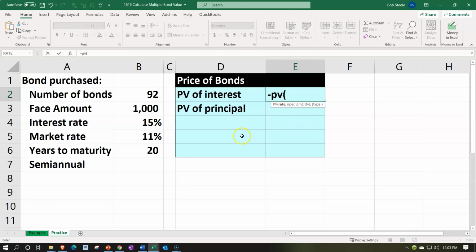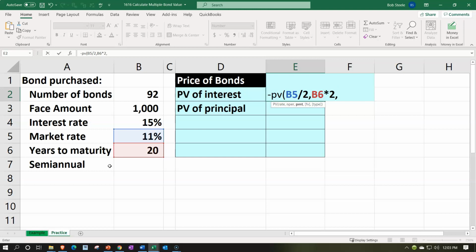The rate is going to be the market rate, the 11%, and that would be for an entire year, but this is going to be for intervals of 6 months. So I'm going to divide that by 2, comma, and then the number of periods would be 20. That would be yearly. However, it's semi-annual. Therefore, we have 6-month periods, and we have twice that many, so times 2 for 40 of them.